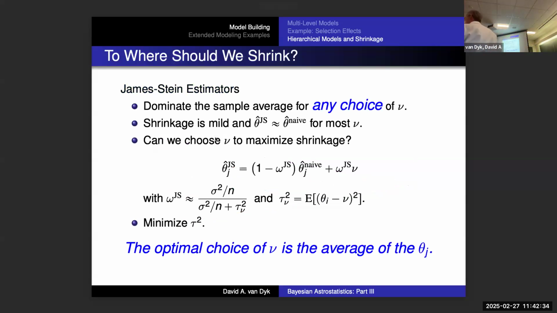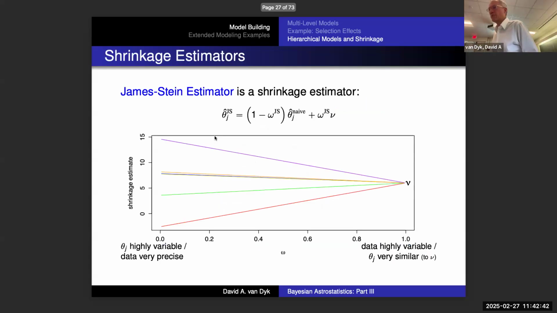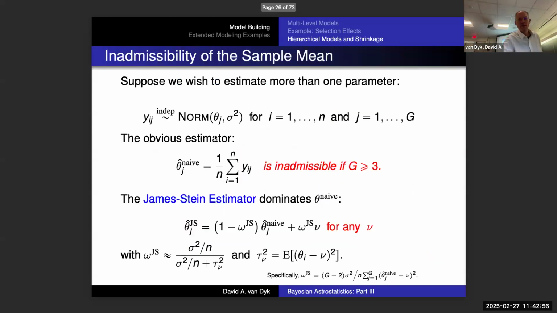So where should we shrink? So nu, you know, the true value, what value of nu should we use? Well, maybe I won't worry about this slide so much, but you can kind of see it in this picture. The best value of nu is the average of the thetas, right? If you want the variance to be small, the way to make it small is to make nu equal to the average of those things.